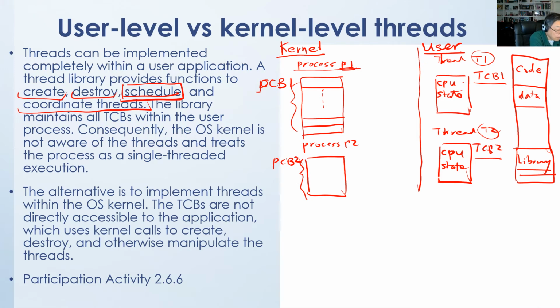When thread 1 is executing, TCB1 stores the program counter for that thread, and thread 2 has its own program counter.